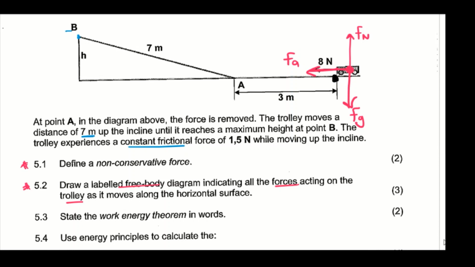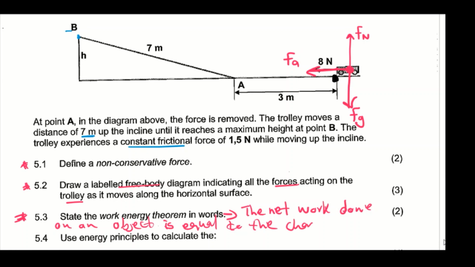Cool. Now we're going to do 5.3, which says state the work energy theorem. The work energy theorem states that the net work done on an object is equal to the change in kinetic energy.